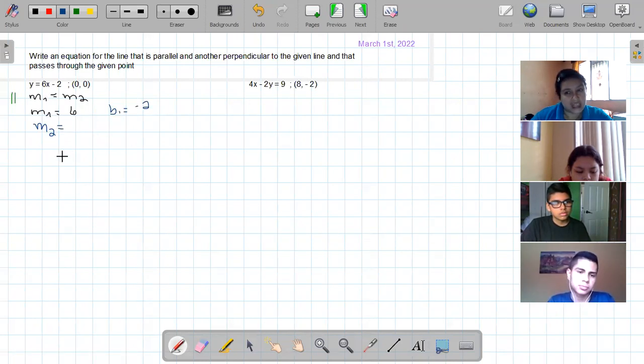What would be the slope of a second equation if slope 1 is equal to slope 2, and slope 1 is 6? How much should slope 2 be? 6, exactly. And now you see this is (0, 0). Remember that an intercept is written as (0, -2) because it's talking about the y-intercept.